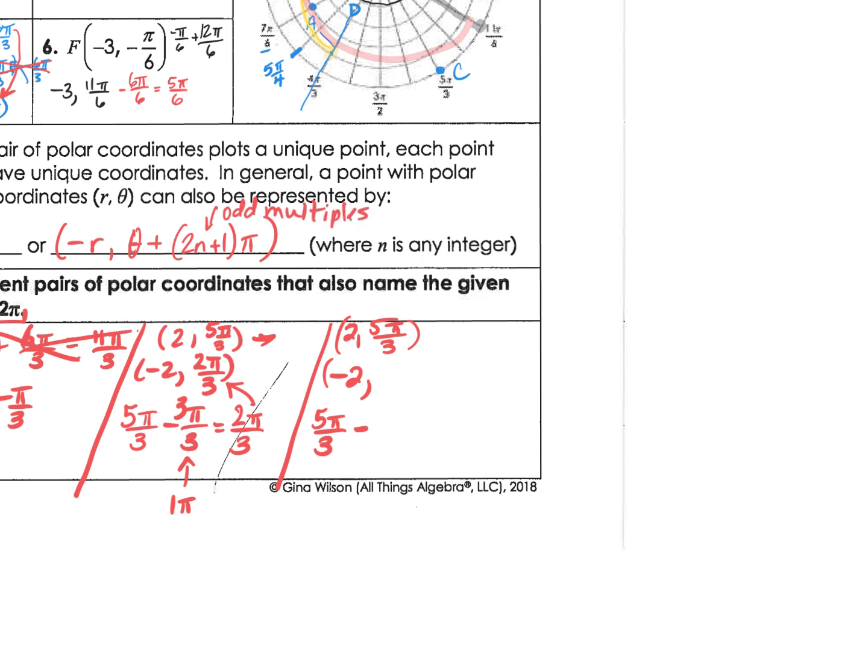So the next odd multiple would be minus 3 pi, which would be 9 pi over 3. So this would be negative 4 pi over 3. So that would be my next one. Okay?